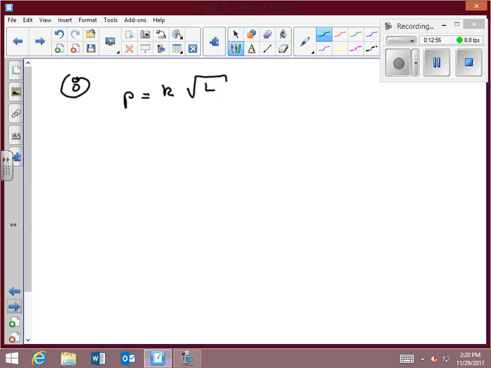Now it's going to give the information so you calculate the constant of variation. If the period of the pendulum is 1.5 when the length is 2 feet, so it's the square root of 2. So the constant of variation is what? 1.5 over the square root of 2.